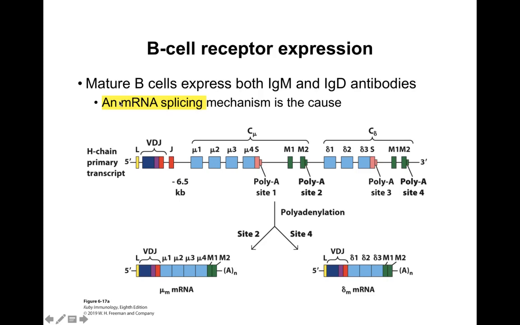So the recombination events we were just talking about are at the DNA level. This splicing of the mRNA is at the RNA level. And so you can get IgM mRNAs spliced together, or you can get IgD mRNAs generated from the same gene.